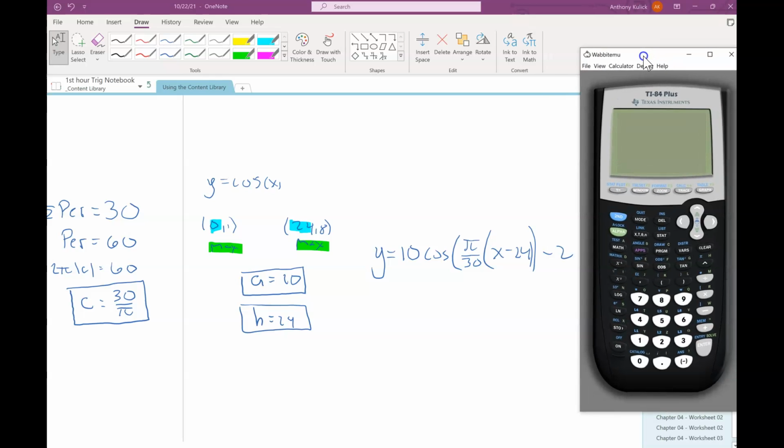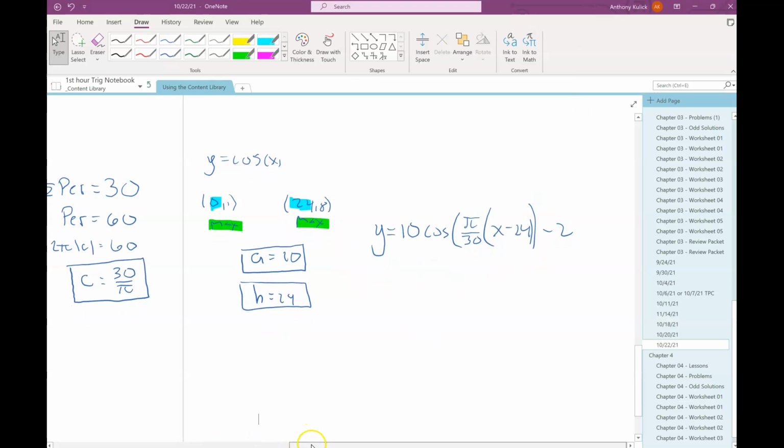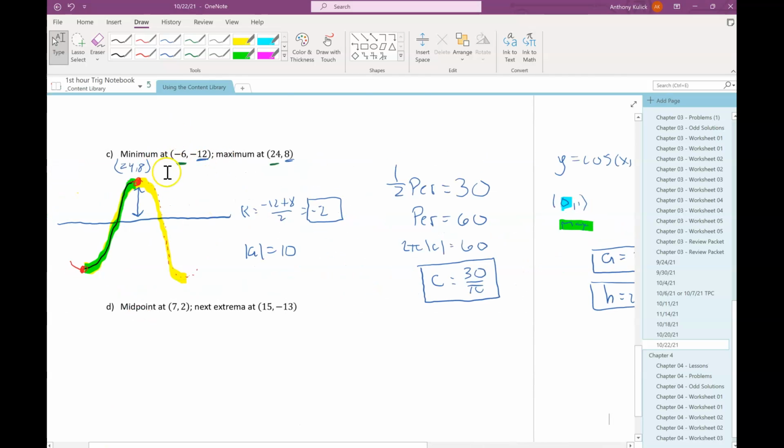So what I'm going to do to check this is take my answer and plug in the x's from my 2 points that I'm given and make sure that it gives me back the y coordinate for that point.